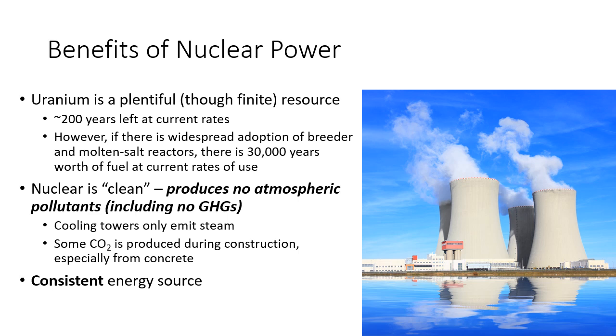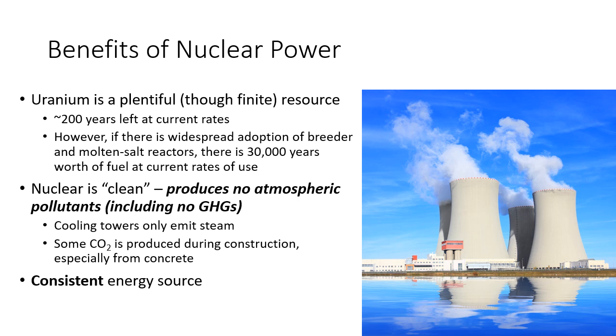However, if there was widespread adoption of breeder reactors and molten salt reactors, which can use spent fuel, or nuclear waste, as their fuel, there's actually about 30,000 years worth of fuel at our current rates. If we bump up those current rates, obviously that will draw down the number of years that we have available though. It does produce no atmospheric pollutants.